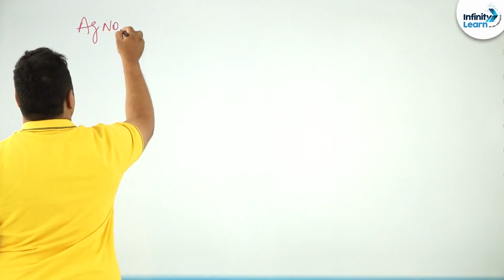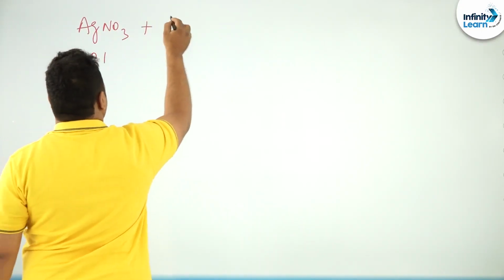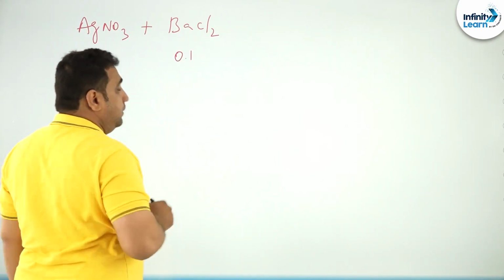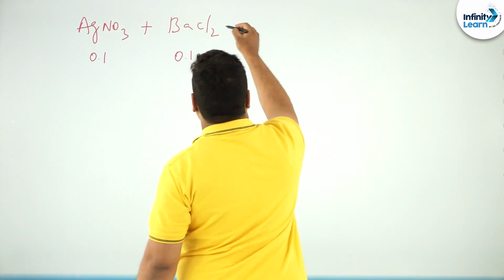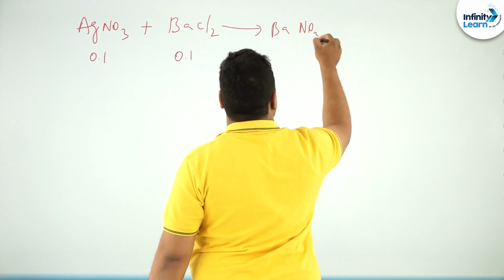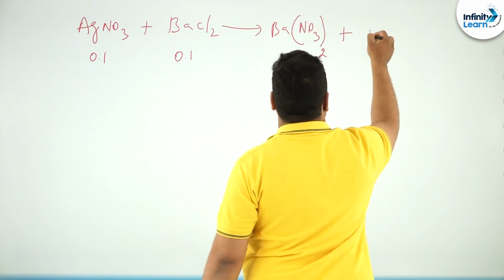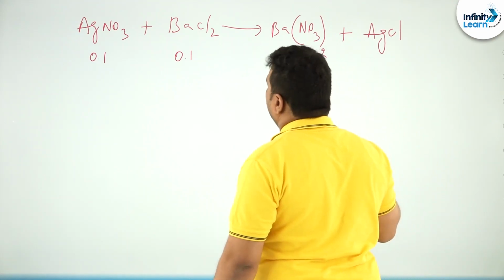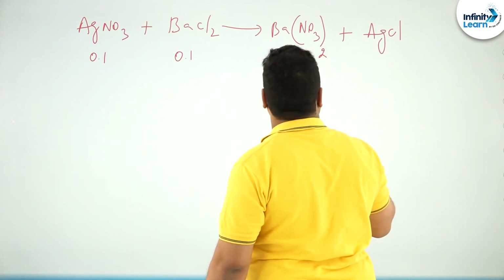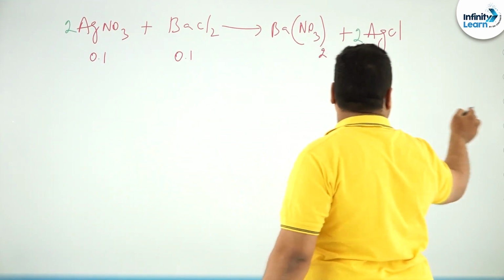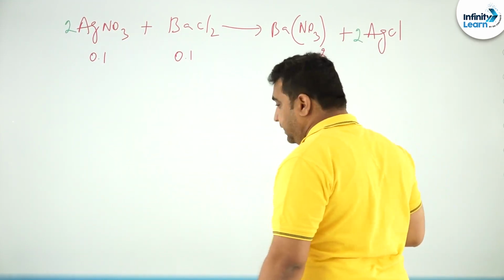Therefore, here you are having silver nitrate, which is 0.1 molar. To that you are adding an equal volume of 0.1 molar barium chloride solution, and when both are reacting, you are getting barium nitrate plus AgCl. Correct? So, balancing is needed, so here you have to write 2 and here you have to write 2. Now, dear students, there is a game here.